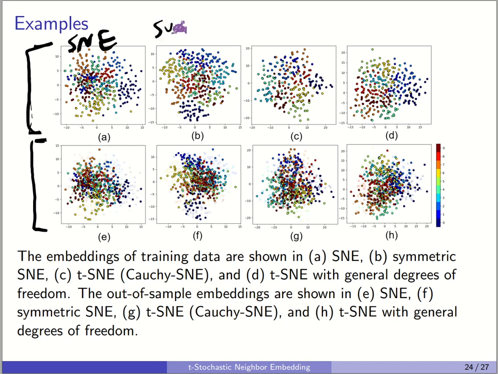This is symmetric SNE. This is t-SNE, original t-SNE or Cauchy SNE. This is the generalized t-SNE with general degrees of freedom.